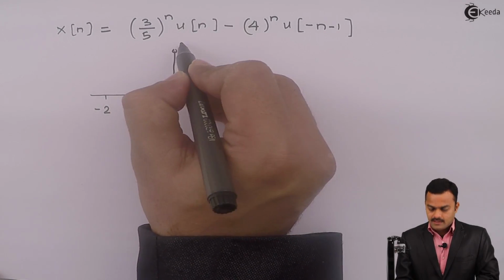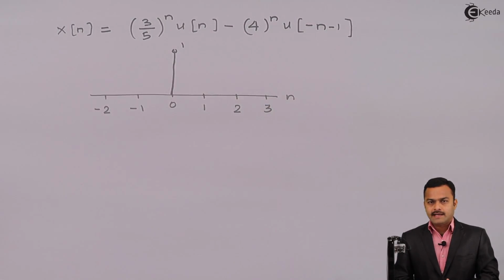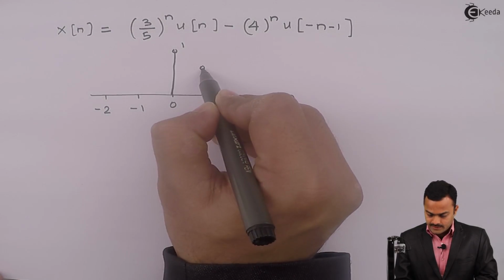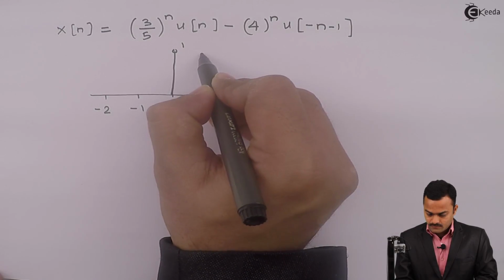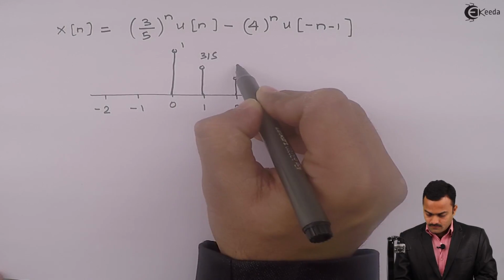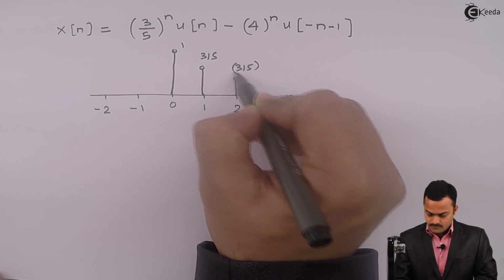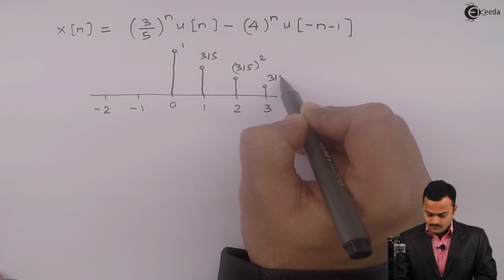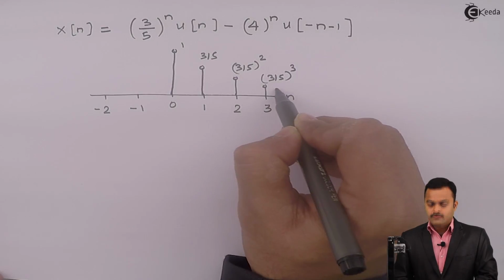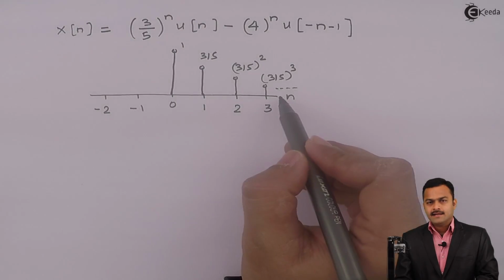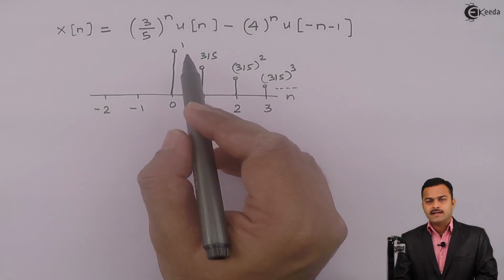This will be 1, and then as the value of n increases, we will have a signal of a decreasing nature, which we call a converging signal, because as n tends to infinity, this signal tends to 0.